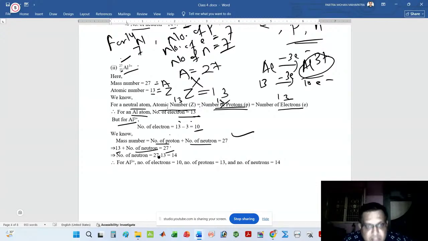Number of neutrons is 27 minus 13, which is equal to 14. So the answer for Al 3 plus is: number of electrons is 10, number of protons is 13, and number of neutrons is 14. Look at that, here protons and neutrons do not have equal values. Protons are 13, neutrons are 14.